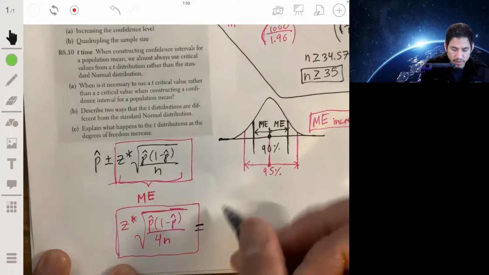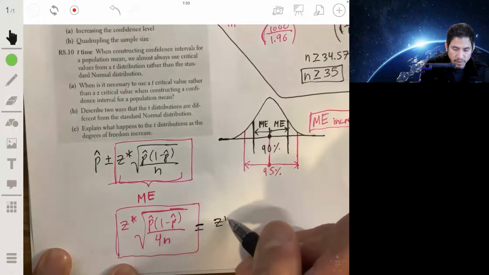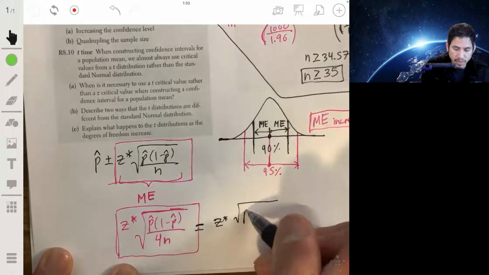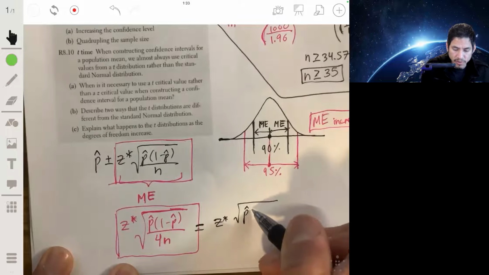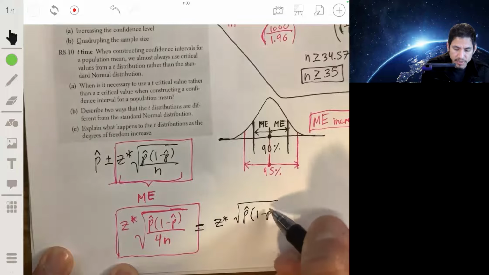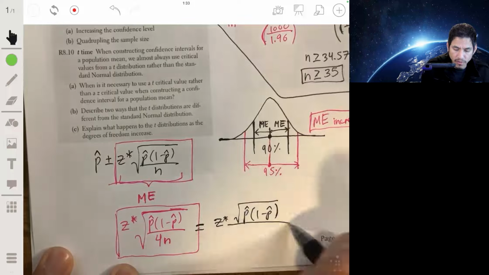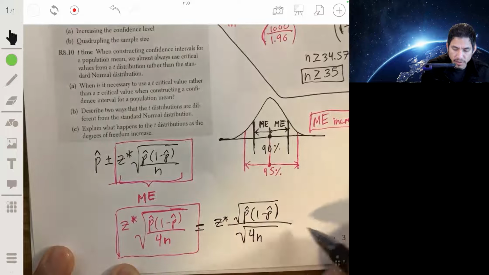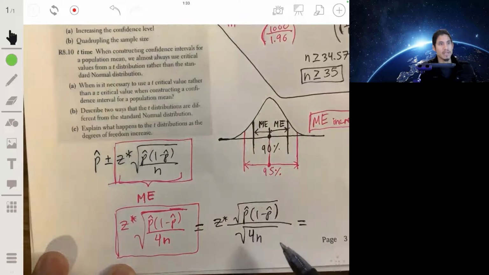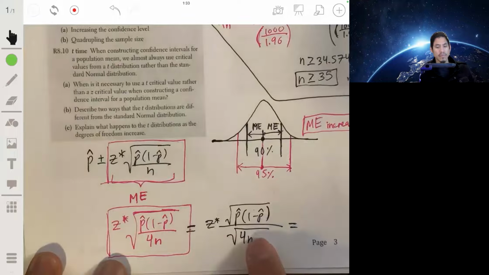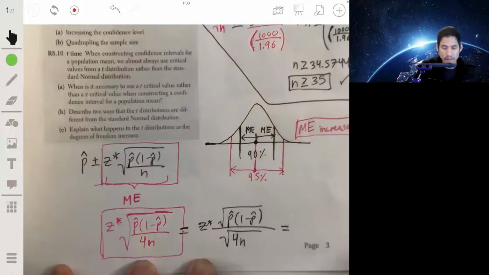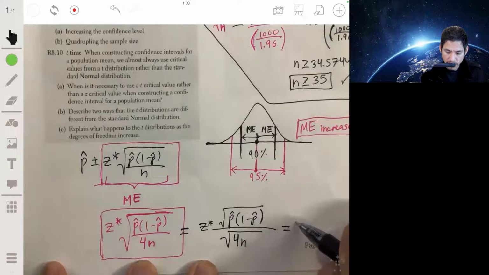And the way this works is, using algebra, going back to square root properties, we can break the square root up as the square root of p hat times 1 minus p hat just for the numerator over the square root of 4 times n. You can do that. And furthermore, you can break this as the square root of 4 times the square root of n.